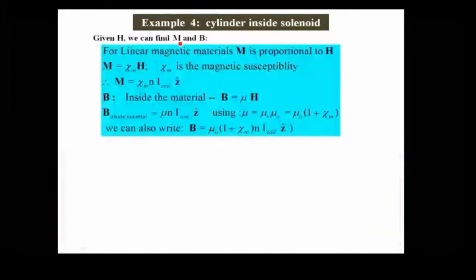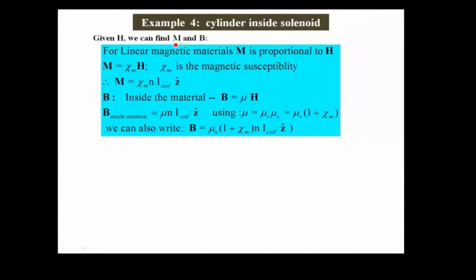Given H, we're going to assume linearity, and so we can find M and B. For linear magnetic materials, M is proportional to H, where chi sub M is the magnetic susceptibility and depends on the material. The important thing is that these two are proportional to each other.